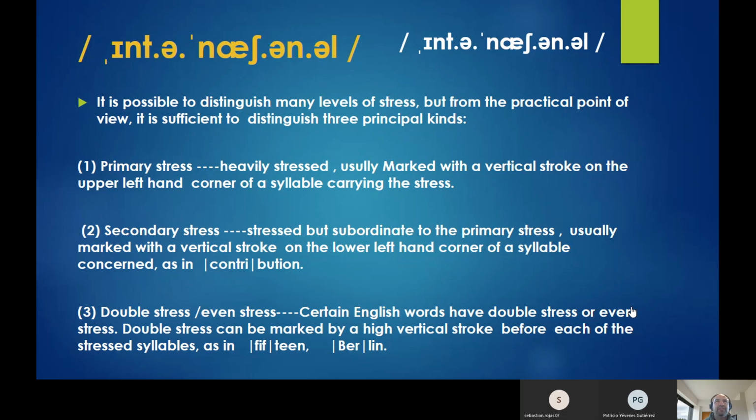Interdental. I'm thinking about the word think, initial consonant sound, think, or then. That's an interdental sound, right? Why do we call interdental the initial sound in think or thought?